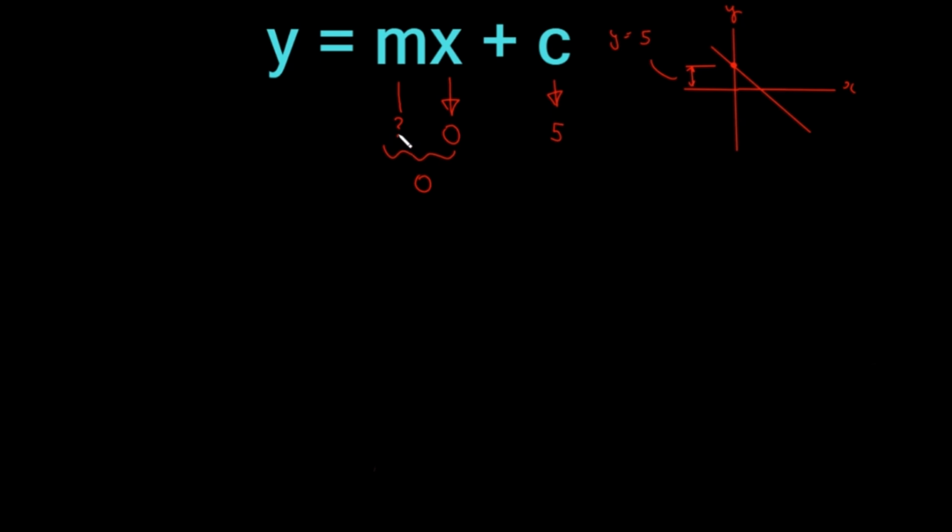If that was 56 and you multiplied it by 0, the answer is 0. So this would disappear, and we're only left with the value here of 5. So y would equal 5 in this case. When x is 0, it gives you the value of y where the line crosses the y-axis.